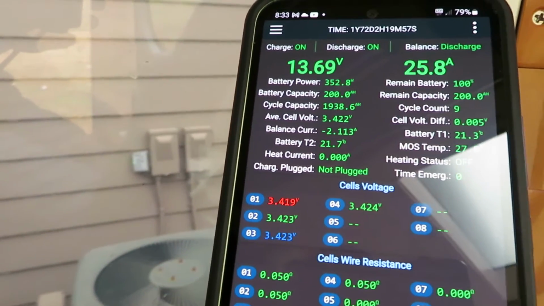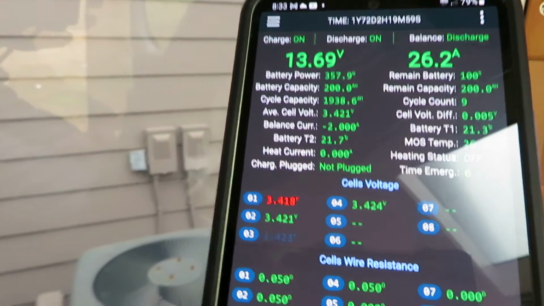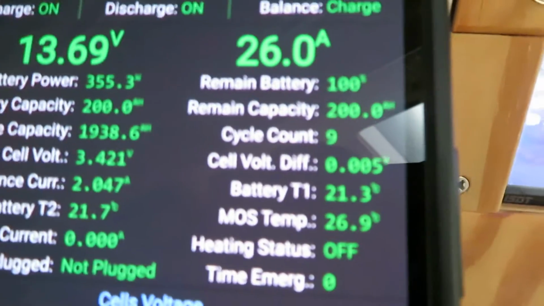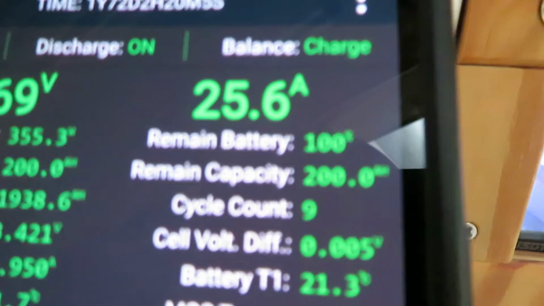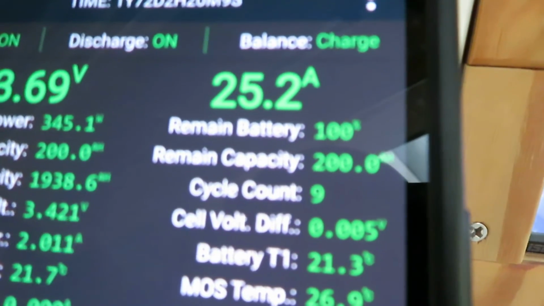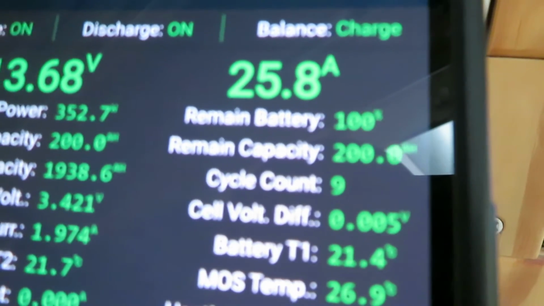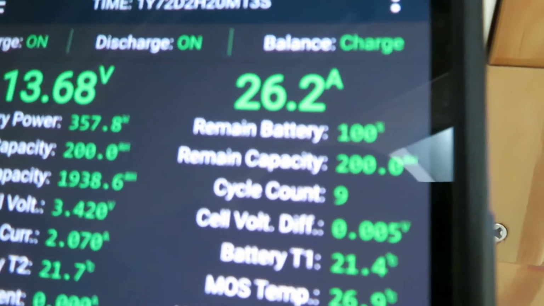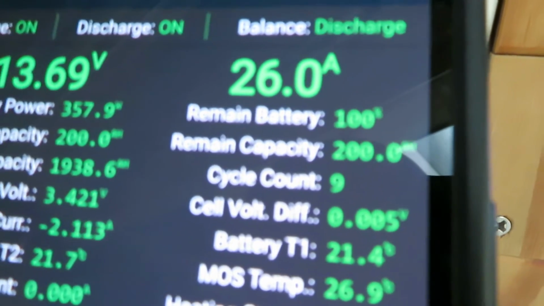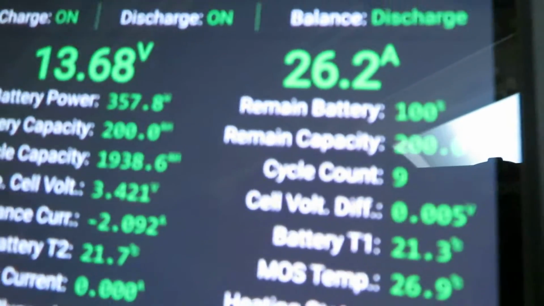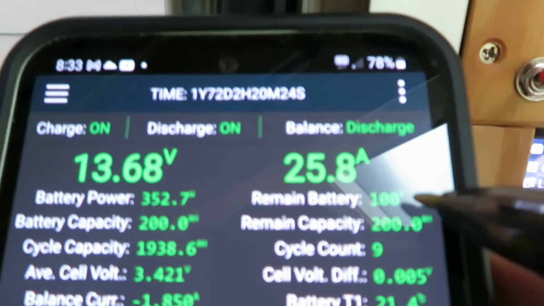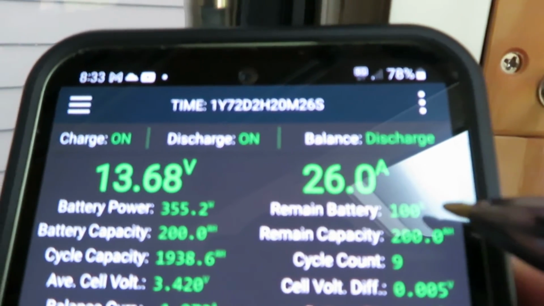Okay, the charging is slowing down, and as you can see from the app, it shows that the state of charge is 100%.